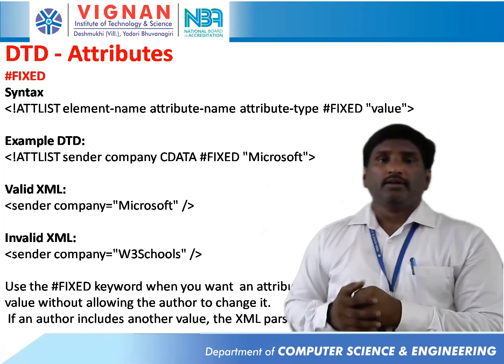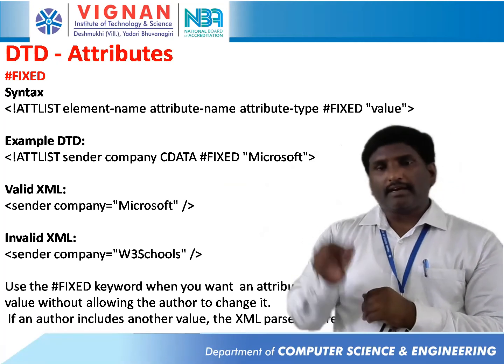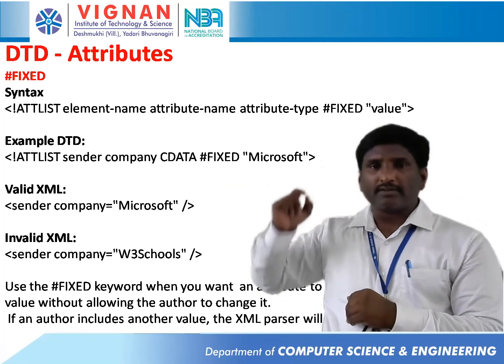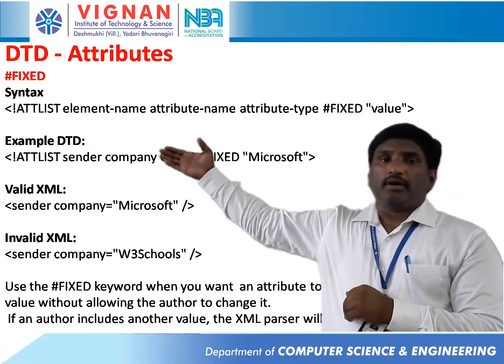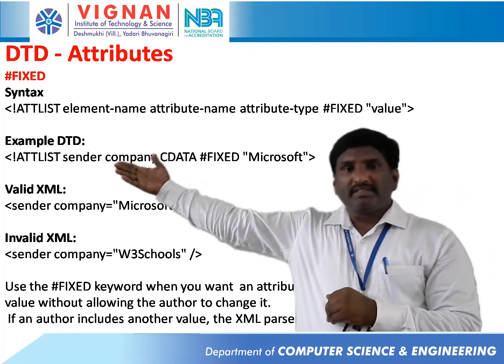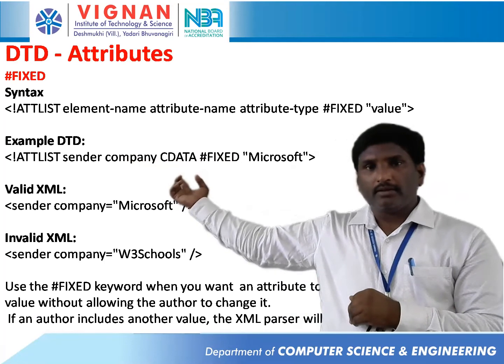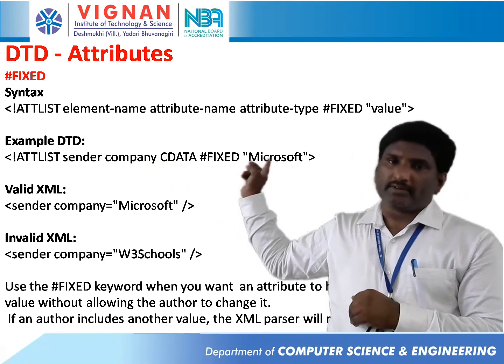And then #FIXED. If you use fixed as the attribute value, it should be whatever value we specify. So here in this scenario, the element name is sender, the attribute name is company, that accepts CDATA, that will be fixed, and that value is Microsoft.